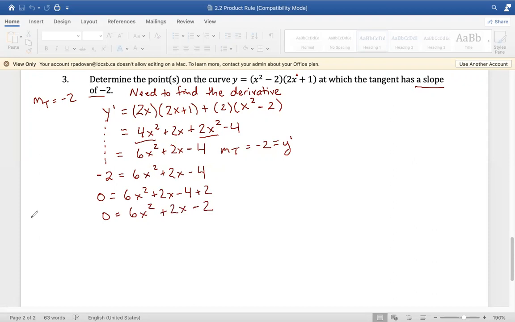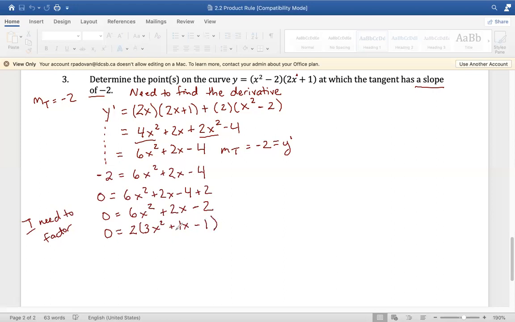So I need to try to factor this to get my x values, right? So the first step in factoring is always common factoring. I can pull out a 2, so I'd be left with 3x squared plus 1x minus 1.